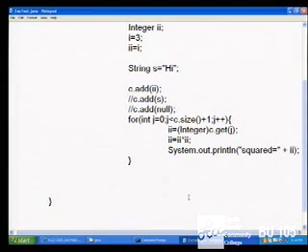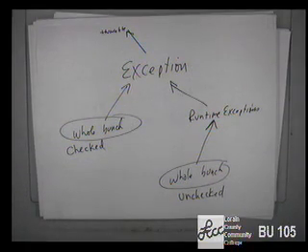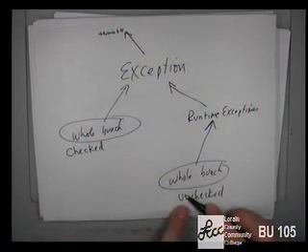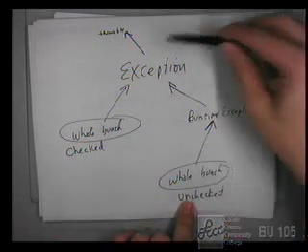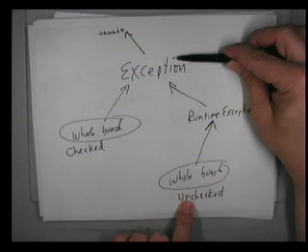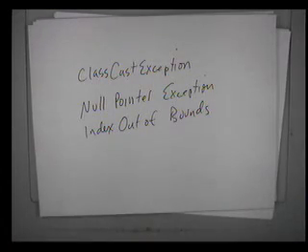What I can do is wrap this in a try-catch block. And first, I'm just going to catch an exception. All 3 of these are runtime exceptions, as it turns out, but I'm going to catch exception. And we'll see how this works.